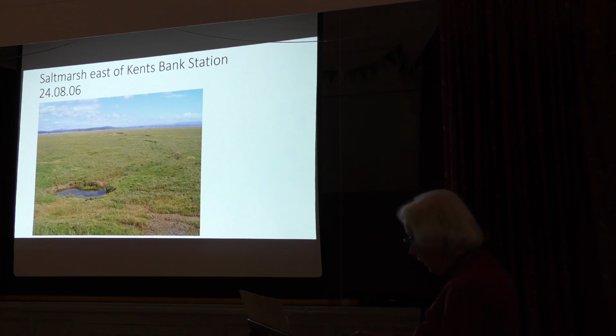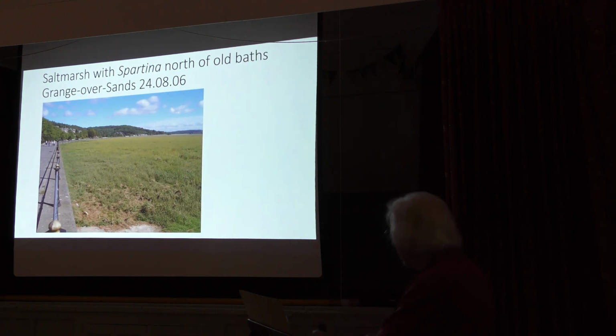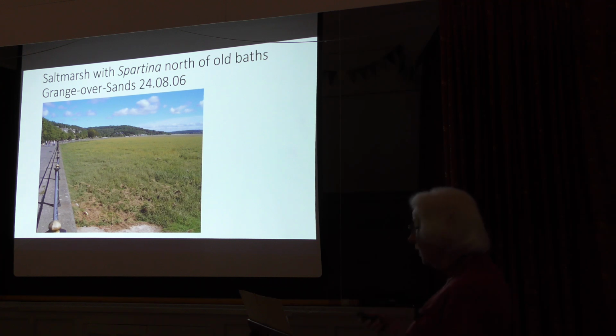Now we just go again along the promenade. Here we're again north of the old baths, so similar position to the position in the previous sequence. And you can see that there's a very well consolidated marsh now, mainly of spartina.